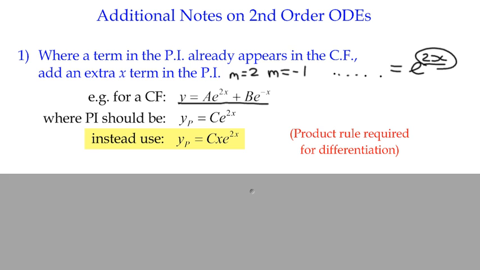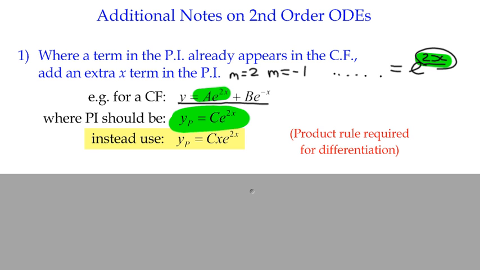So I would normally think then of saying, well, my particular integral would be some constant times e to the 2x, because we would have to try and maintain this 2x here. But you notice that what happens there is that we're then duplicating one of the solutions, which we can't do. We want to try and maintain separate possible solutions.